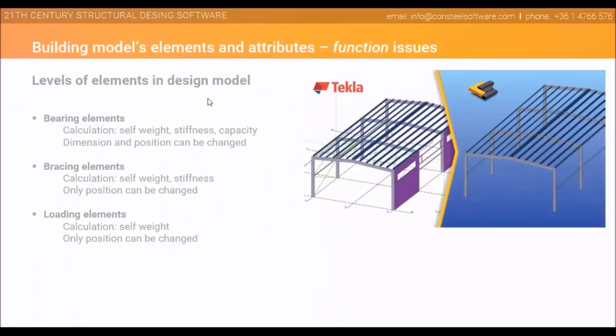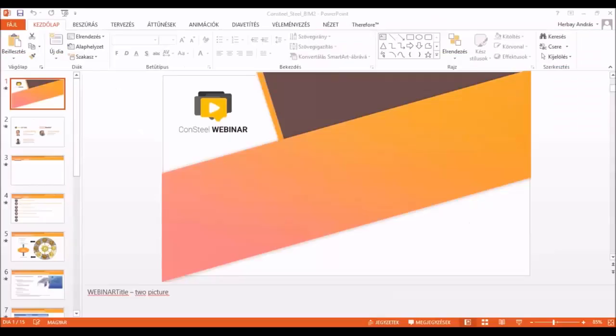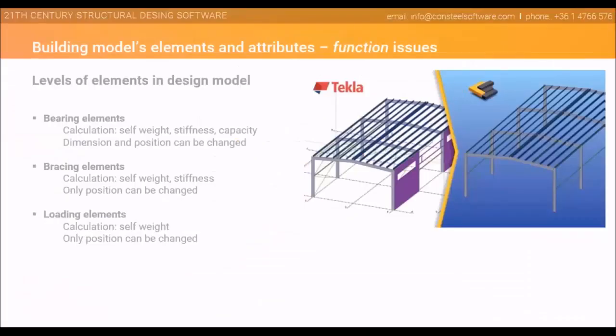Loading elements are those elements which hand over loading to the design part of the structure. Only the position can be changed. In this case, just the self-weight of these elements is placed in the calculations.